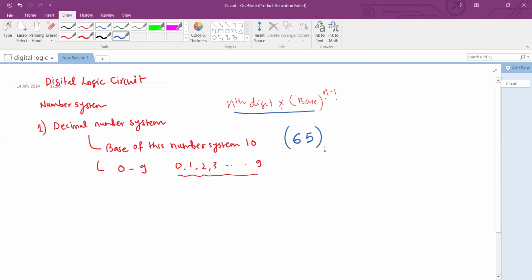From the right side, the position of this number 5 is 0 and the position of this 6 is 1. So I'm trying to define their position, and the value of this number can be calculated like this: I start with the nth digit. So the nth digit is here. If it is 6, I will write 6, multiplied by base 10, I'm using this formula, to the power n minus 1. So n here is 1 minus 1.